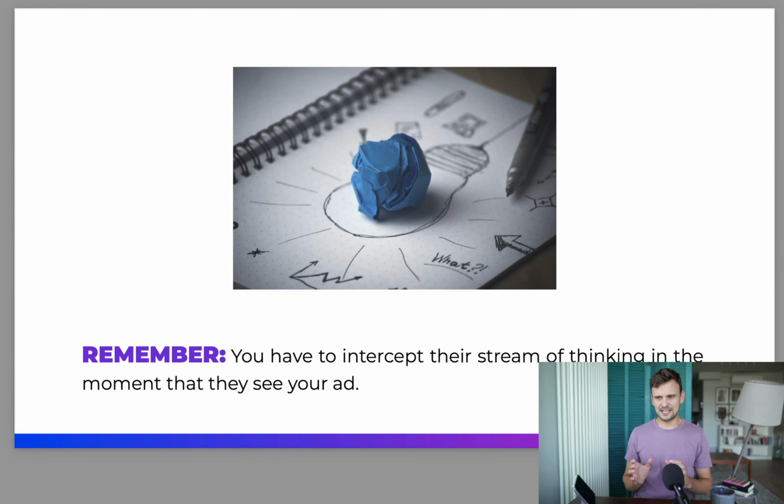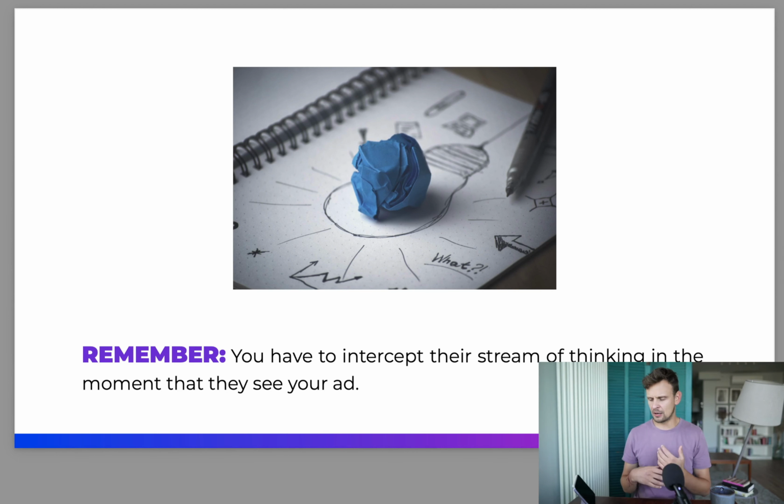What I also like to say is that you have to intercept their stream of thinking in the moment that they, for example, see your ad. This is very important. This is why you want to understand what language they are using, because whenever a person comes across your ad or comes onto your website, they are amidst their own thinking stream.